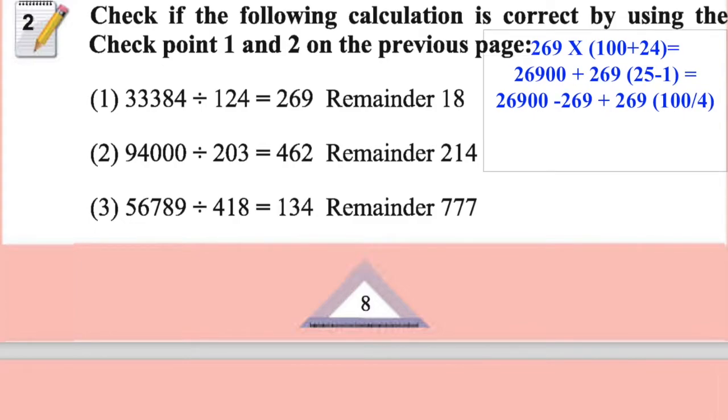How much is it going to be? Take 200 from here, it becomes 700. Take 70 from here, it becomes 630. 1 has to be added, right, to 26,631.